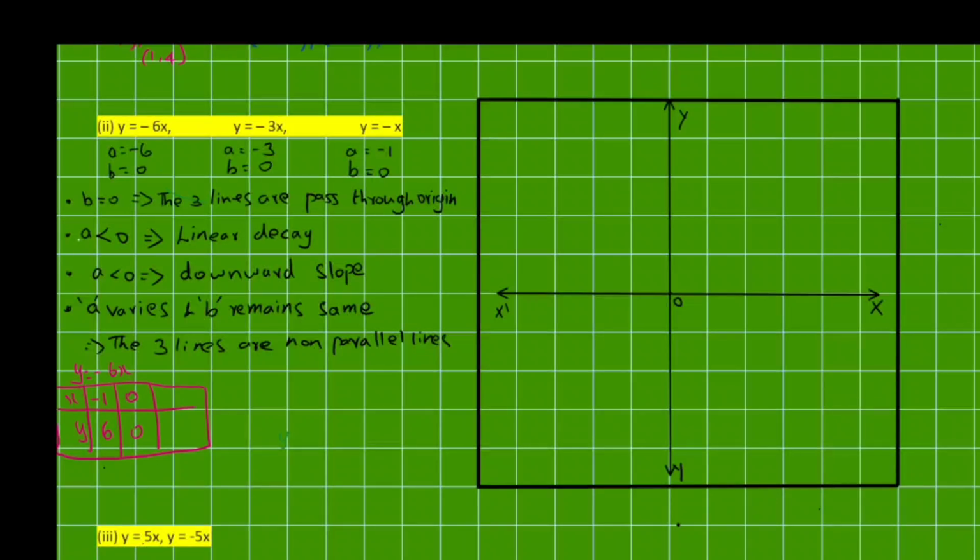And when x is plus 1, plus 1 into minus 6 is minus 6. So these are the 3 points: minus 1, 6; 0, 0; and plus 1, minus 6.